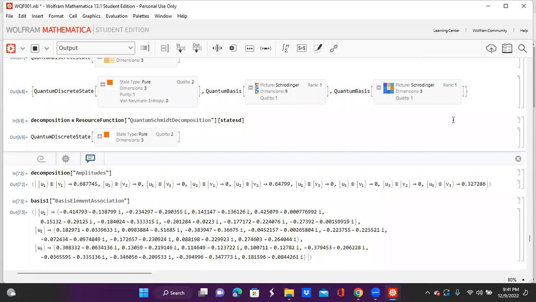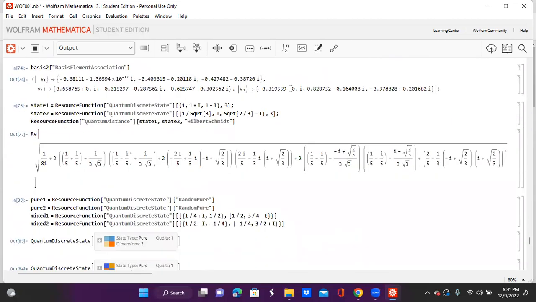That's the element association. And then you can ask it for, so I made two states here, and you can ask for the distance in the Hilbert space between the two states. What is the distance in Hilbert space between these two states?